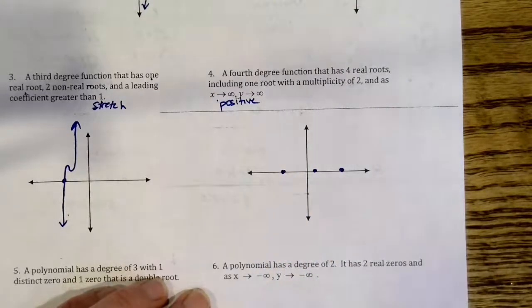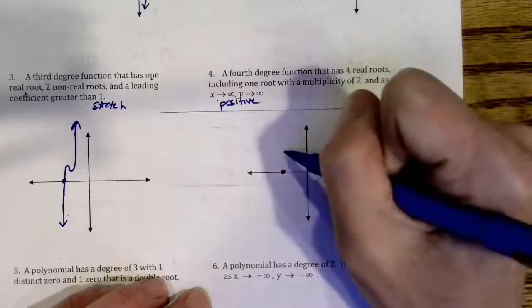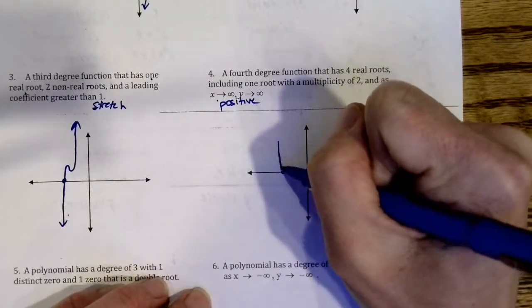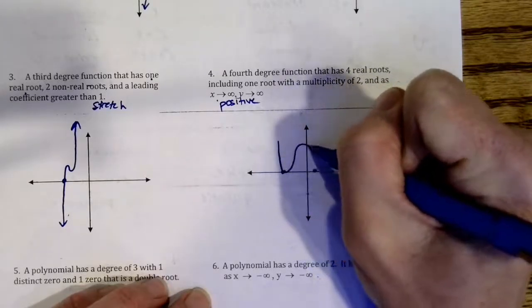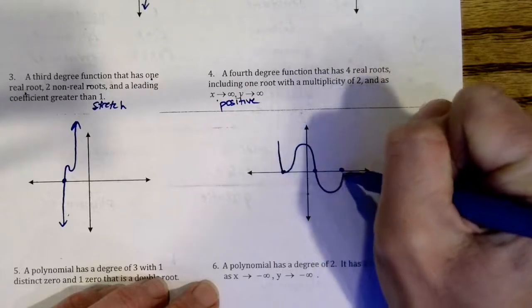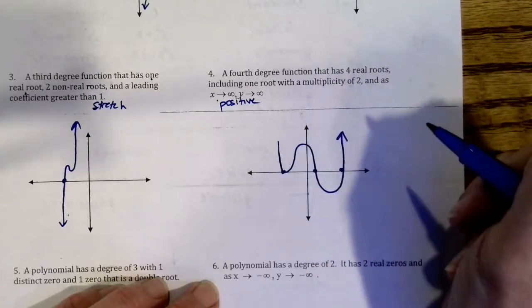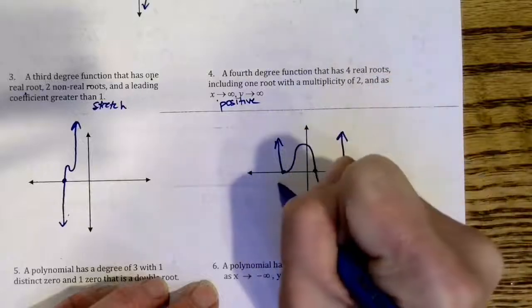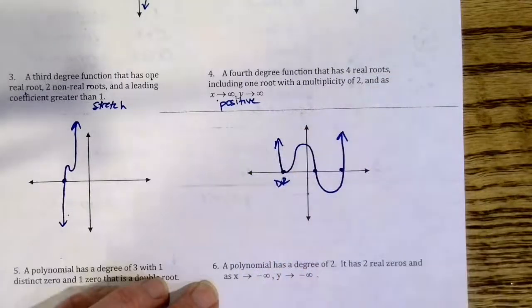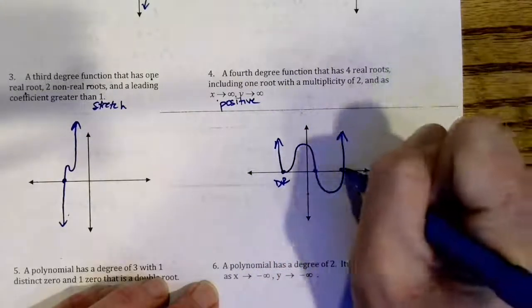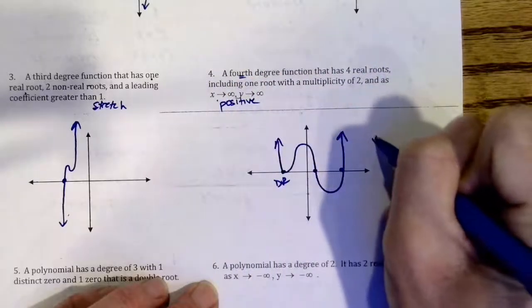And it doesn't matter which one you pick as the double root. So I'm going to come down. There's my double root, and so here's my double root. It's a positive 4th degree function.